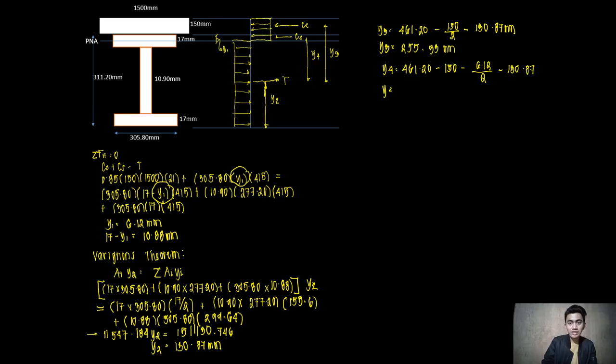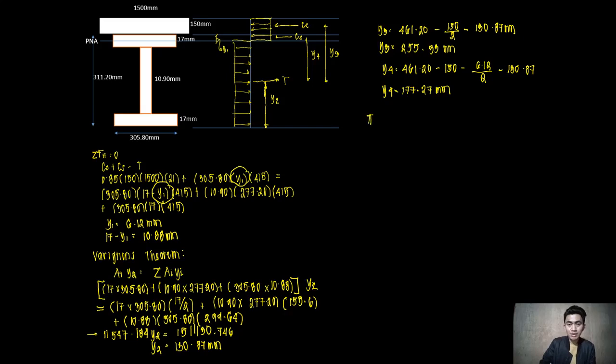So y sub 4 is 461.20 minus 150 minus 6.12 over 2 minus 130.87, which is 177.27 millimeters. So we can now determine the value of our nominal moment capacity.